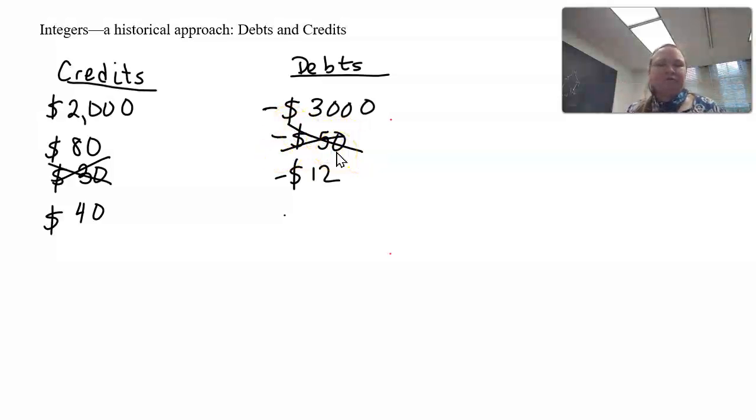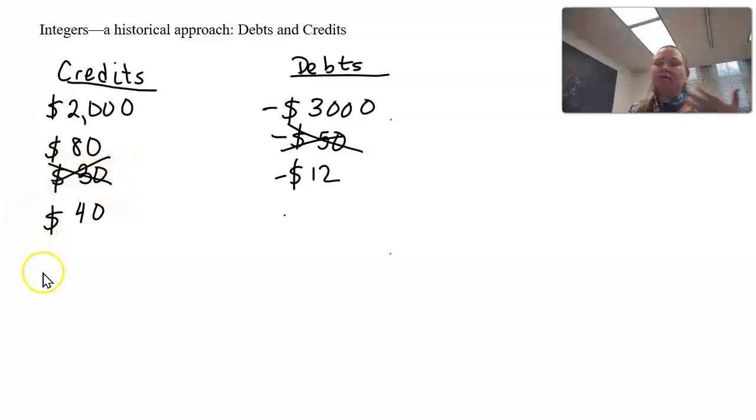And I can acquire more debts. And I can get rid of credits, and I can acquire more credits. And sometimes we can think of this as, I'm going to cross that out. I used to have $30 in my pocket, and now I spent it. Now I lost it. Now I gave it away. And so I don't have that anymore.